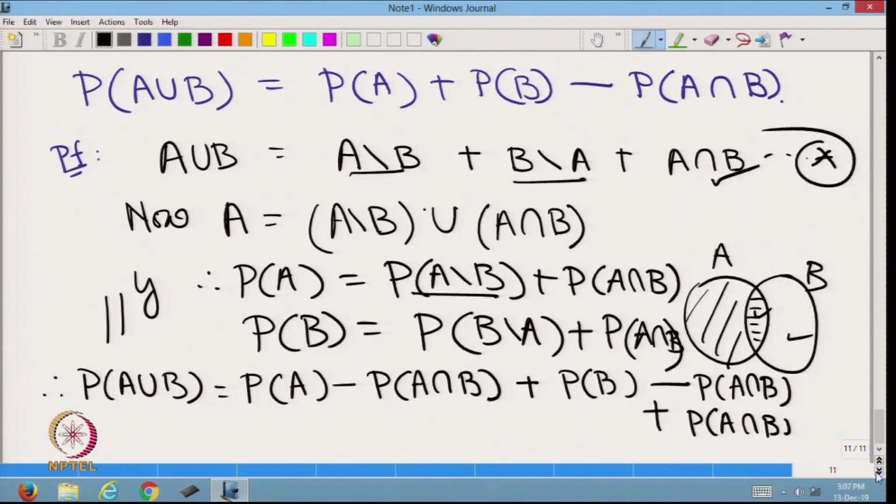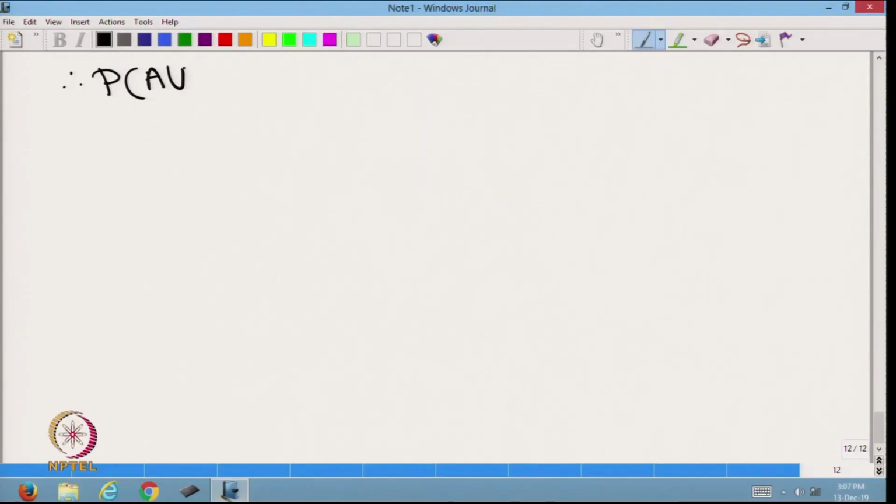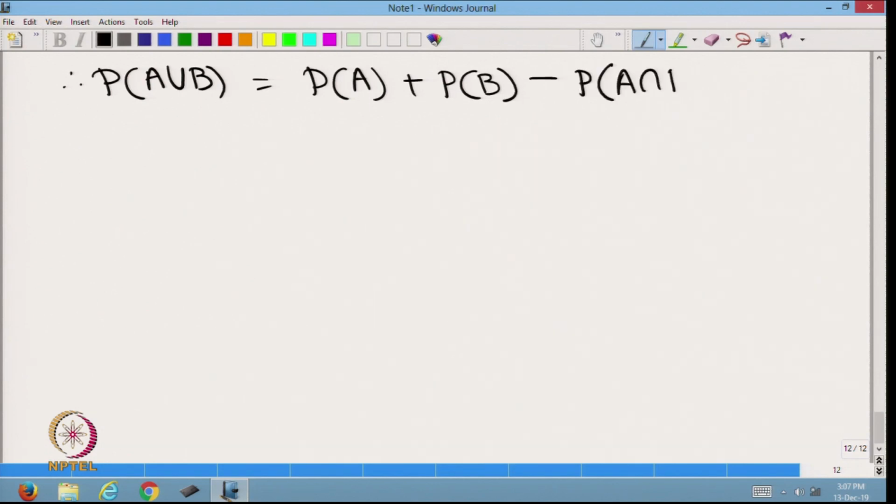So, after cancellations we get probability of A union B is equal to probability of A plus probability of B minus probability of A intersection B.